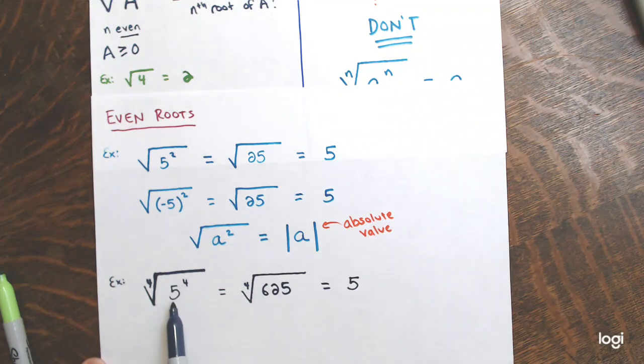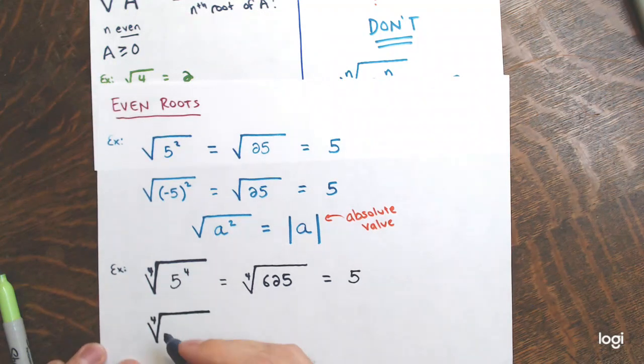So you see when the base is positive and you have the same power as the index, those will just undo each other and you're left with the base, 5. But when the base is negative, here's another even root. Let's take the fourth root of, instead of 5 to the fourth, negative 5 to the fourth power.